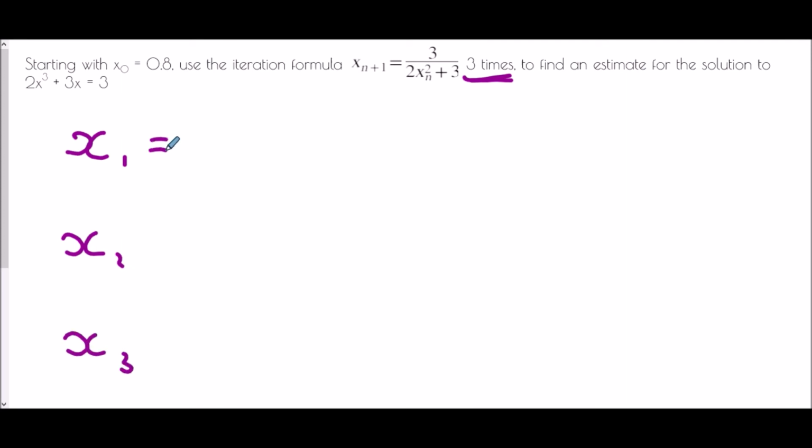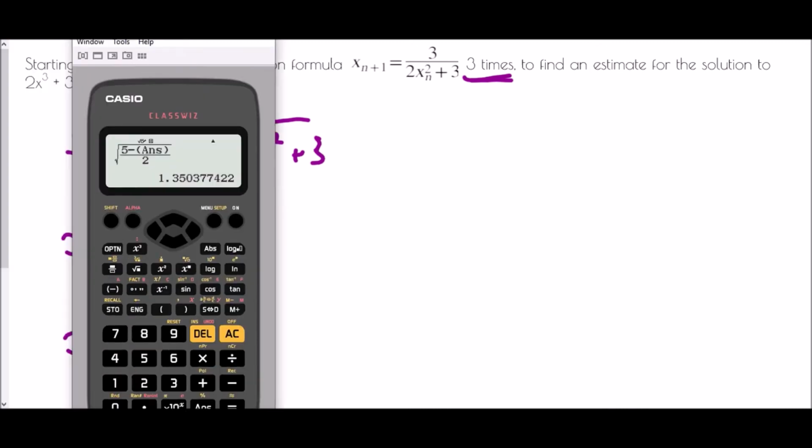And so we're going to perform the first iteration. It's going to be 3 over 2 brackets 0.8 squared plus 3, 0.8 because that is the value we've been given as x naught. I'm going to put that into the calculator and try and find an answer. So let's do that.